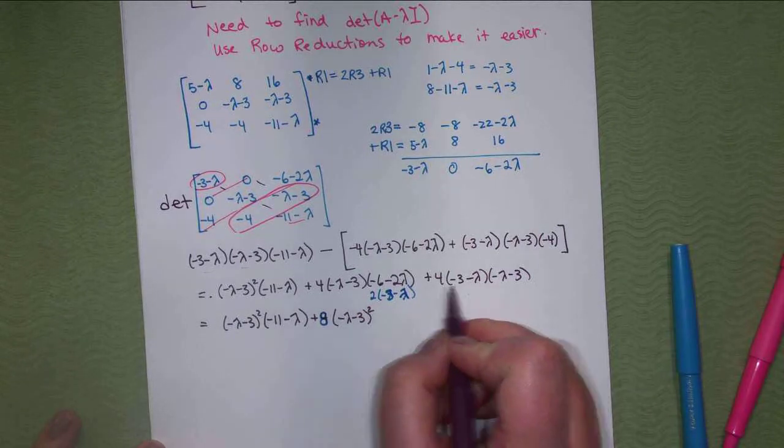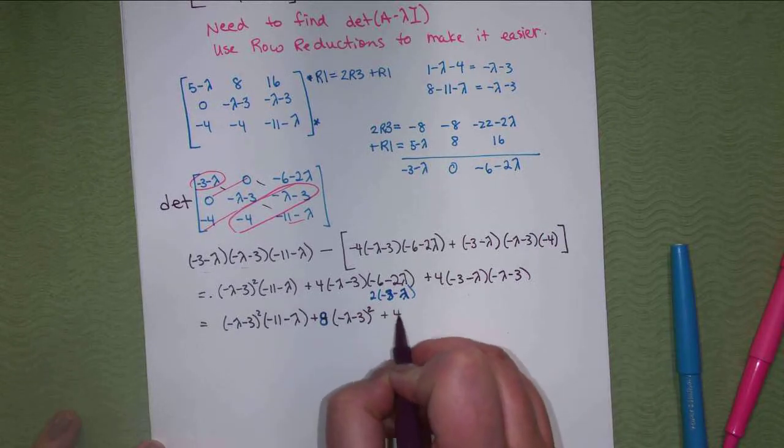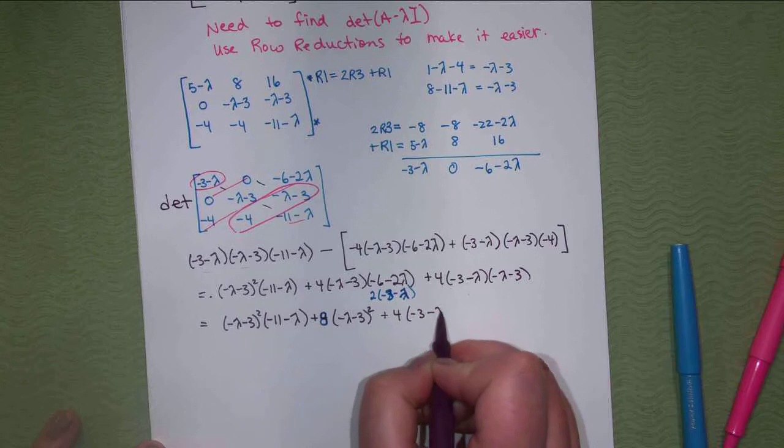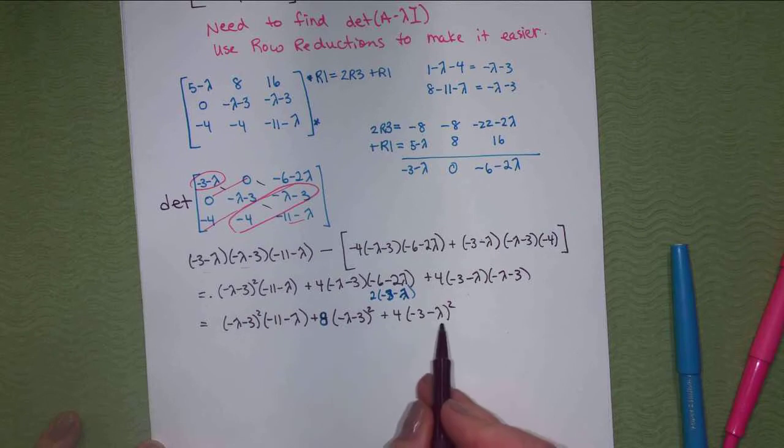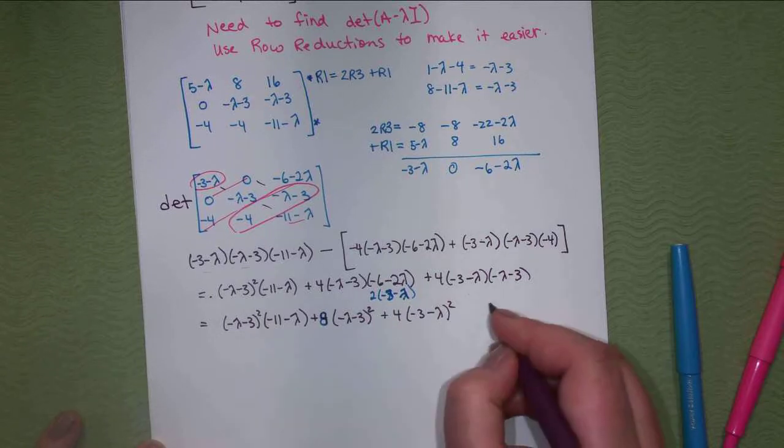And here, now I still didn't FOIL anything out, but do you notice that they all have that same term in it? And both, 2 of them squared. So you can actually do a common factor here and factor that out.